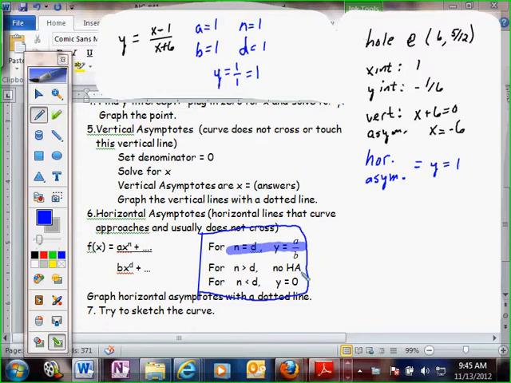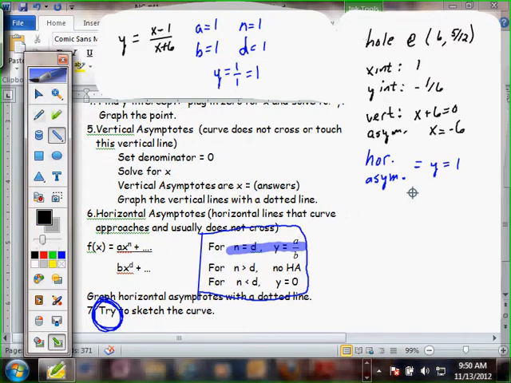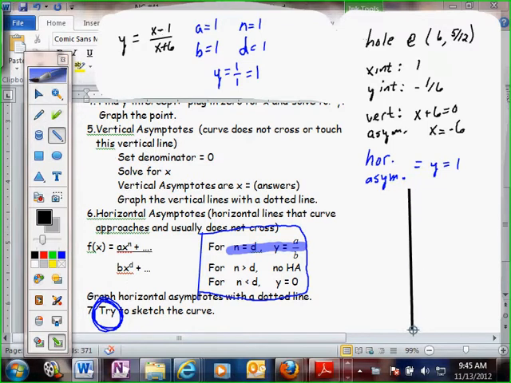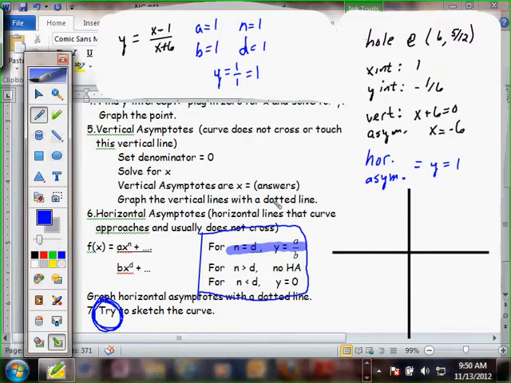Okay? Now it says to try to sketch the curve. Notice this word try, because sometimes all we can do is give a good guess of what we think this curve is going to do. And so we know some things without a doubt. For example, when I set up my coordinate plane here where I'm going to try to sketch this curve, I know some things without a doubt.